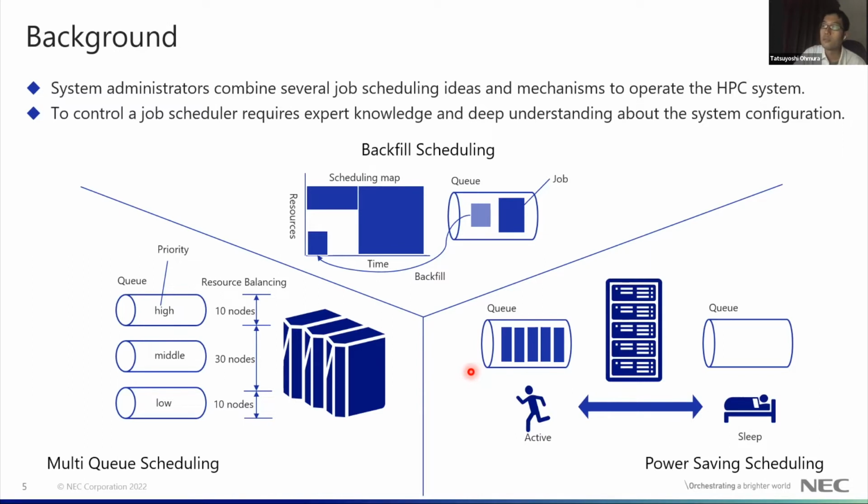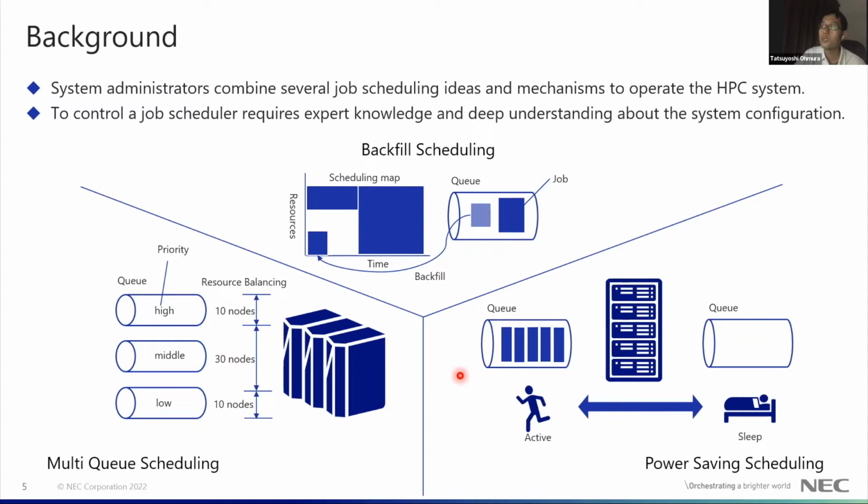As a result, they need to adjust so many parameters to operate the system. One important point is that it requires expert knowledge and deep understanding about system configuration to estimate appropriate parameter values. Since the system is in operation, they cannot easily change the parameter configuration.